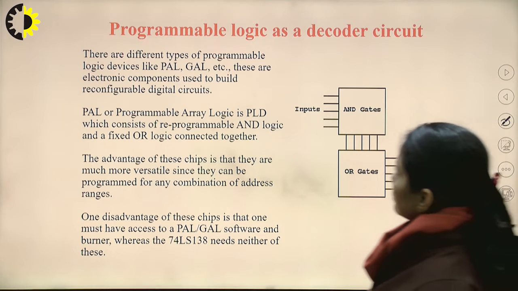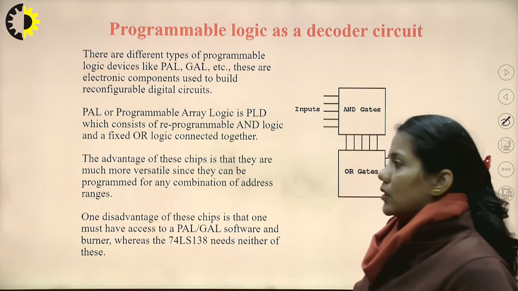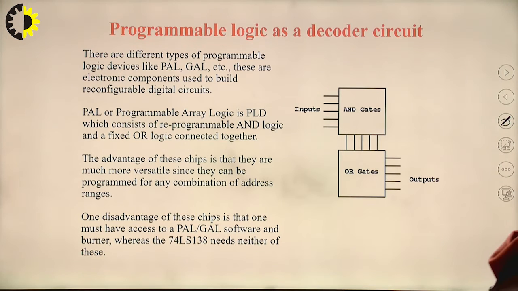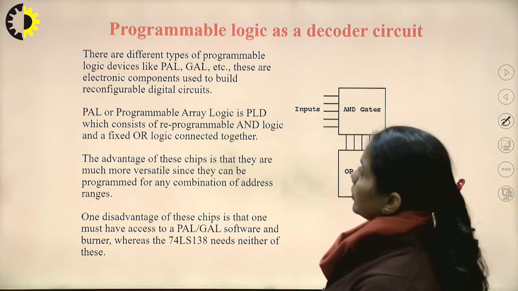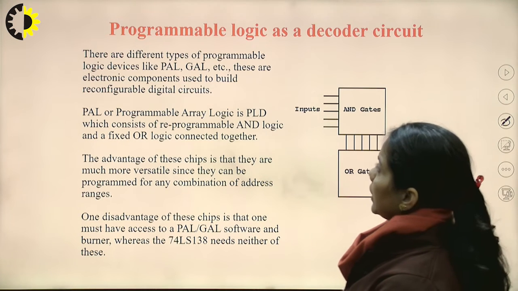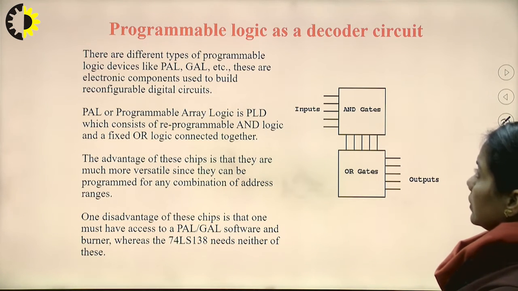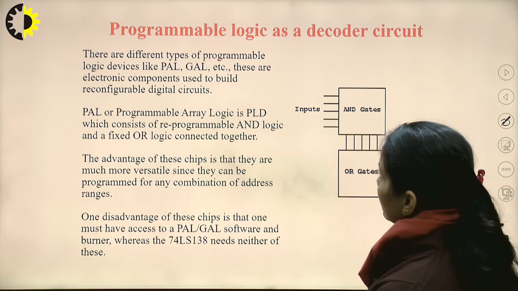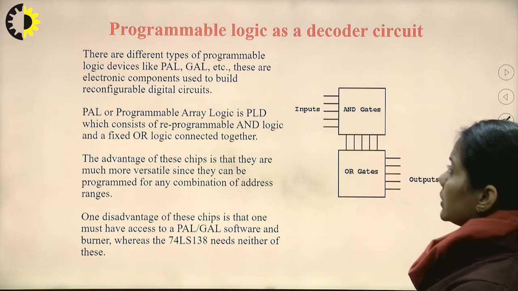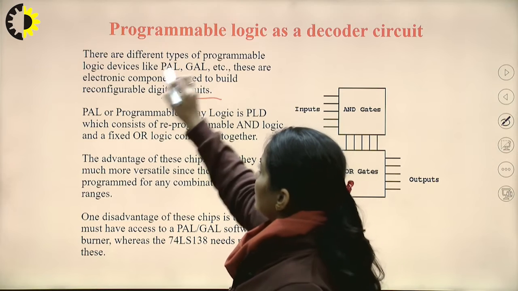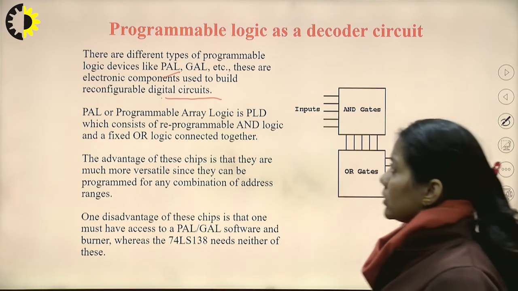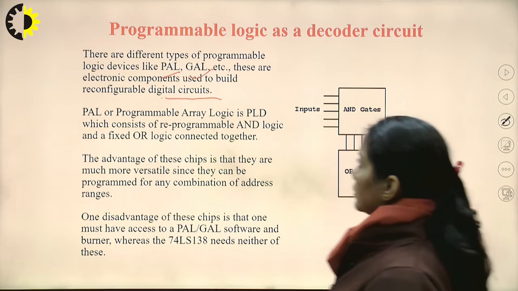Now, the last way of defining the chip select logic is programmable logic as a decoder circuit. There are different types of programmable logic devices like PAL, GAL, etc. And these are the electronic components used to build reconfigurable digital circuits. PAL is programmable array logic, GAL is gate array logic.